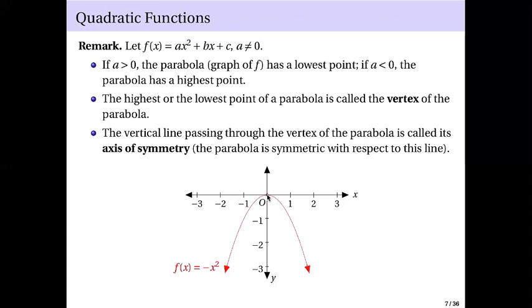And just like before, the axis of symmetry is just the y-axis. So we have here the axis of symmetry. Questions so far?